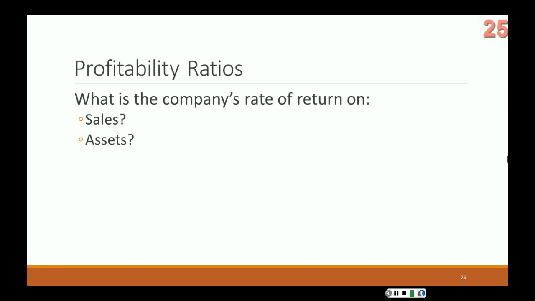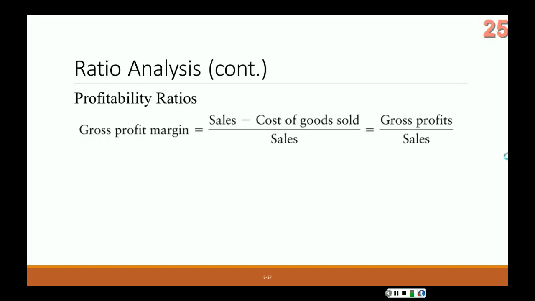Profitability ratios measure a company's rate of return on sales or assets or just about anything. First, we'll look at gross profit margin, which is sales minus cost of goods sold over sales. For Bartlett Company, sales is $3,074.